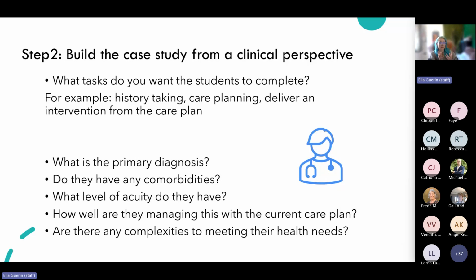And the last question on that slide is, are there any complexities with meeting that person's health needs? And I've used the word complexity in the broadest sense possible. So this could be around disability, so physical disability and the physical accessibility of your service that you've chosen to locate this scenario in, of the building perhaps, or it could be about the language that you use.